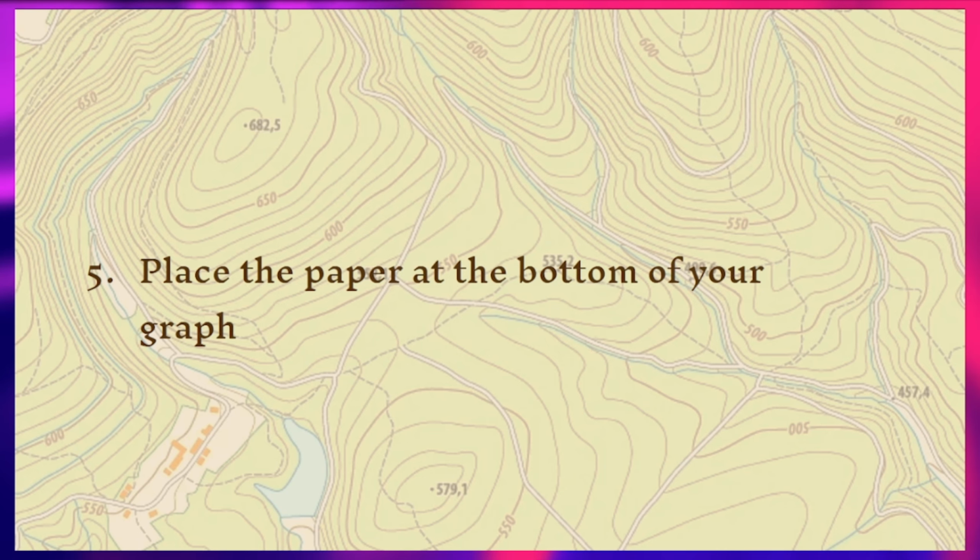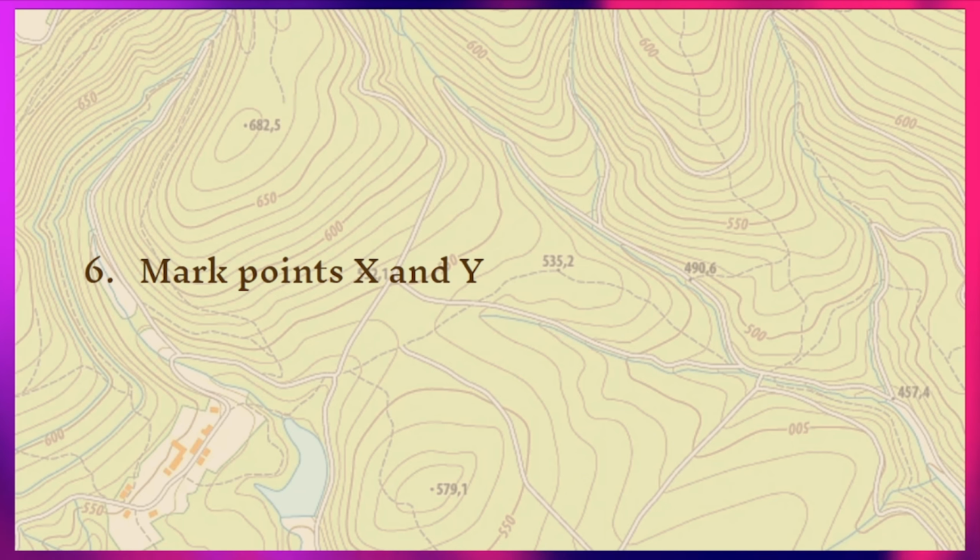Place the paper at the bottom of your graph. We are going to align our starting value, x, with that y axis. Sorry about the mismatch of letters. Then we are marking the points on our graph. So this is x over here, and this is where y is.